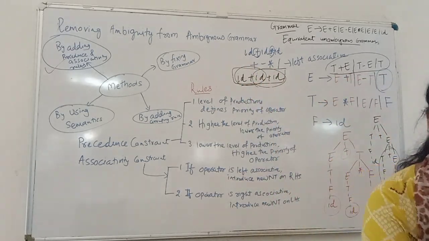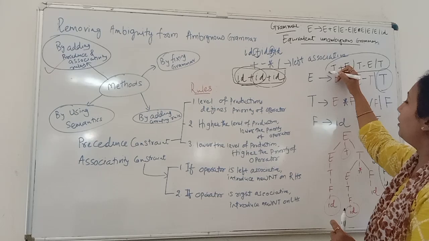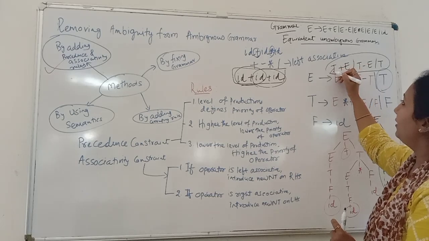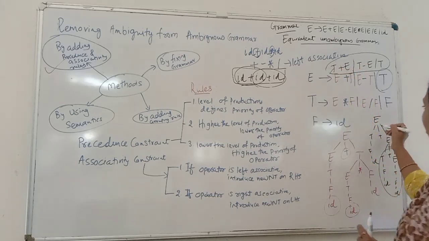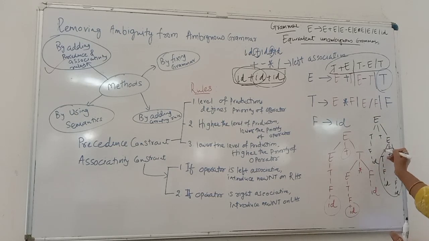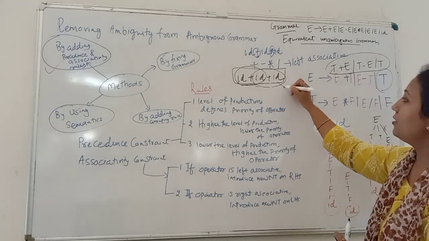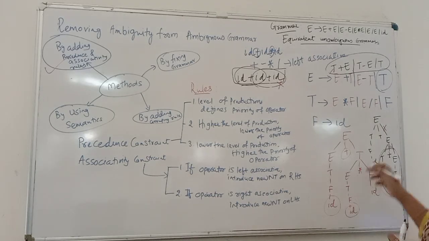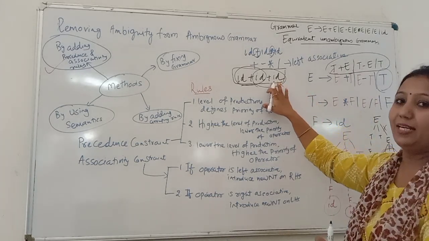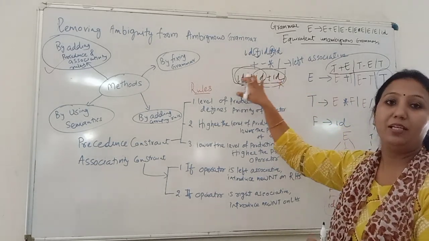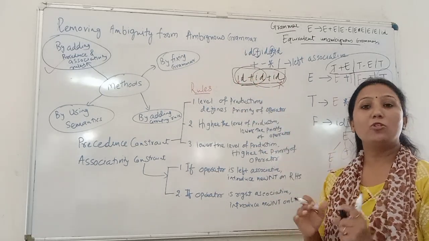But if we write T on the left hand side, in that case the tree which is generated is this, where the right hand side of plus is evaluated first. So it will give the wrong tree. So this is wrong. In the same way, instead of plus you can use minus, so you will get that minus would be evaluated first and then the addition will be done. So that is a problem.